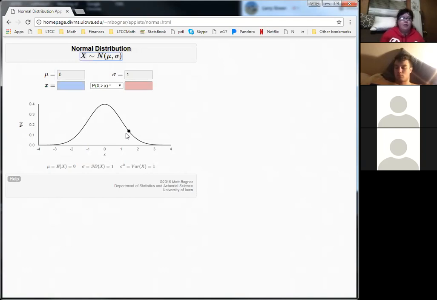Okay, if you have a normal distribution for your data in your project, do you remember what rule you're allowed to use if you have a normal distribution? Starts with an E. It's important because you're supposed to know this for your project. Yeah, the empirical rule.